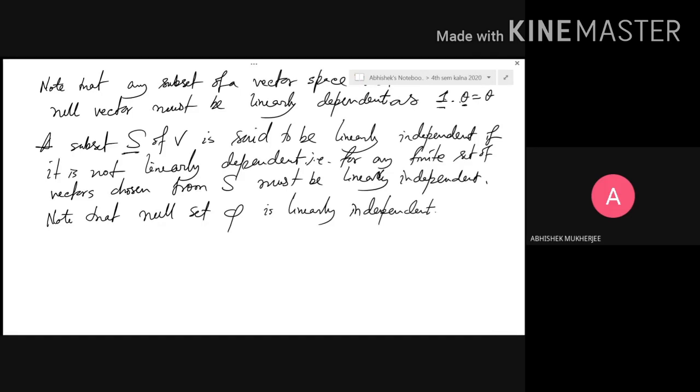So note that the null set phi is a linearly independent set.